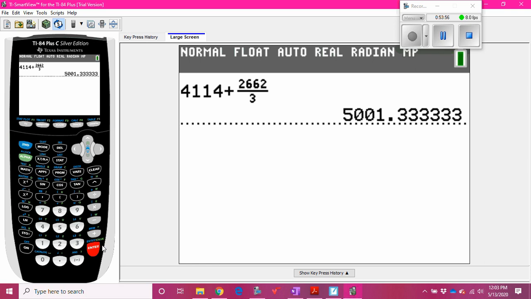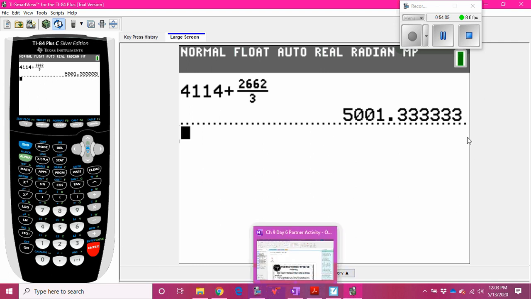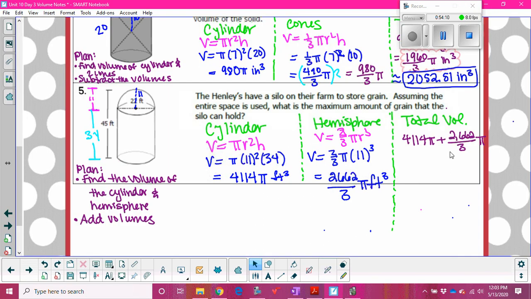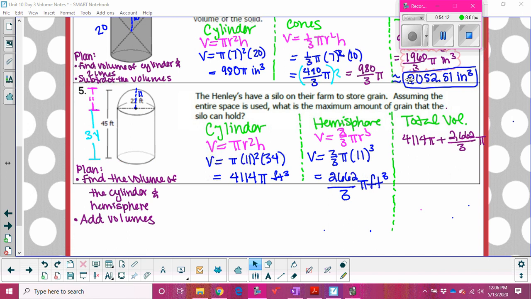It's not wanting to give it to us. It's 15,004 over 3. I don't know why the calculator wasn't cooperating with me, because mine was; just the online one's not. So you should get 15,004 over 3 pi, and that's in cubic feet.